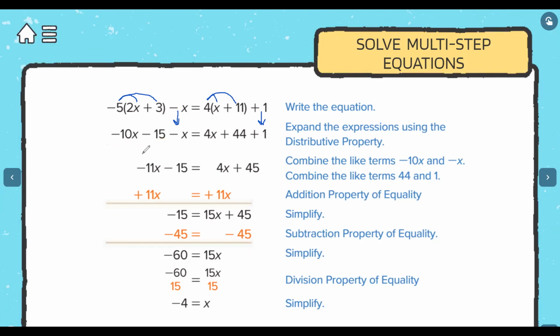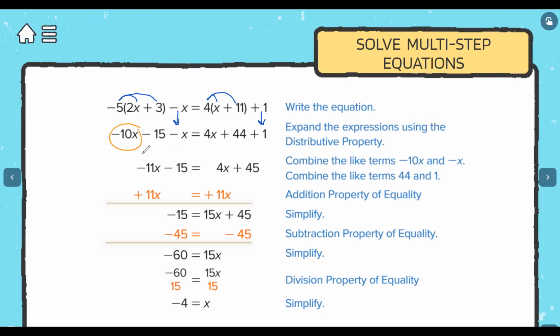So on this side of the equal sign, we can put together the -10x and the -x. We can combine them, and we combine them using the sign that they have. We don't change signs because we're not putting it on the other side of the equal sign, right?